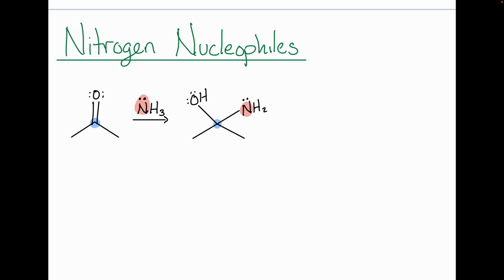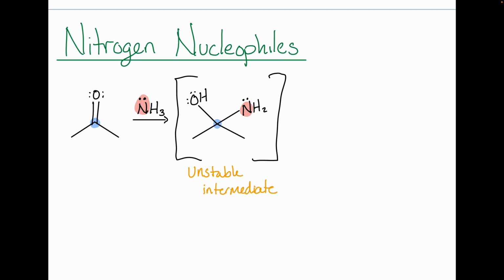All right, and this does indeed occur. But the problem is it doesn't stop there. This is an unstable intermediate. So there's more to the story here. We would get a different product. This thing is going to continue to rearrange itself and give us a new product. All right, and so that's what we're trying to figure out here, is what happens with our nitrogen nucleophiles.